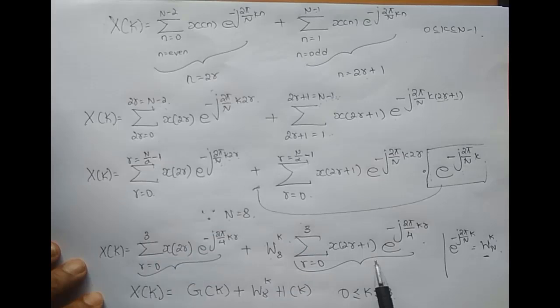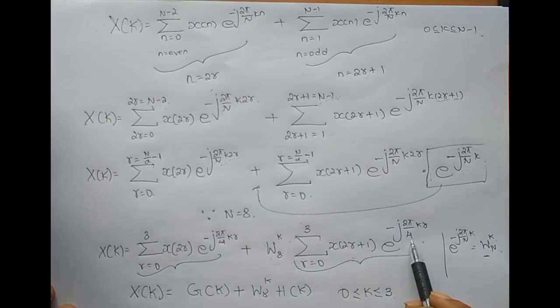Because this is the 4-point DFT of all the even indexed samples, and this is the 4-point DFT of all the odd indexed samples, right? Because r is varying from 0 to 3, it is e power minus j 2 pi by 4. Here also e power minus j 2 pi by 4 k into r, and r is varying from 0 to 3. So I can write x of k as g of k plus w8 power k, which I retained as it is, times h of k, and k is varying from 0 to 3. Why did I write 0 to 3? Because these two are 4-point DFT equations, right?